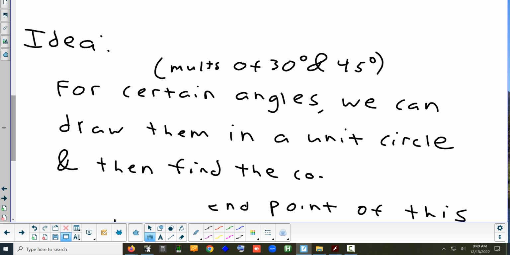They have to be a multiple of one or the other, just one or the other, like 120. That would be doable. But the goal is for any angle that's a multiple of 30 or 45, we can draw it on a circle, and then we can find the coordinate. That's the goal.